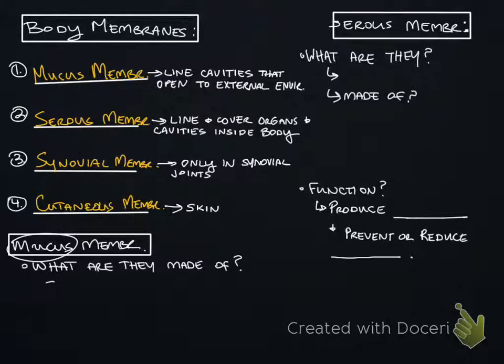So, for instance, what about skin? Would skin be a mucous membrane? No. Skin is not, I did that backwards. Sorry, guys. Skin is not a mucous membrane. What about the inside of the mouth?